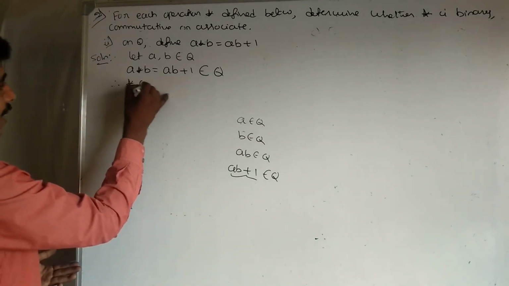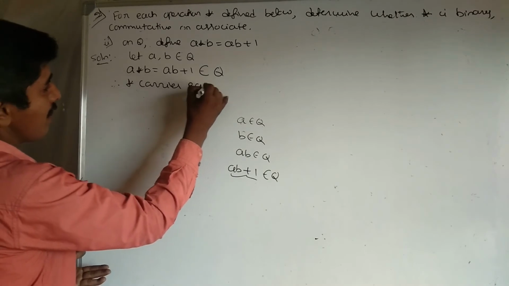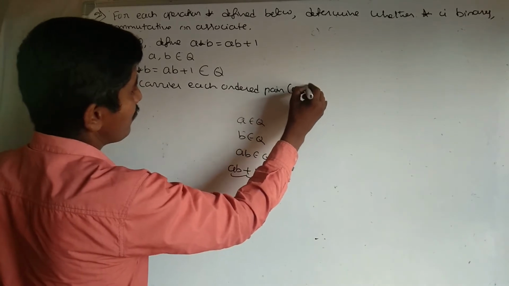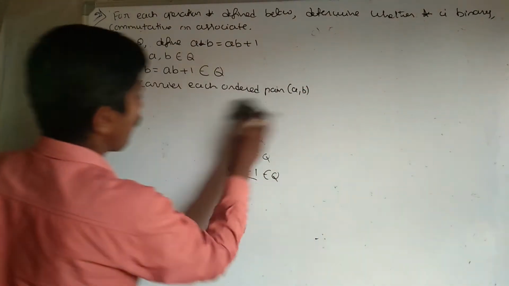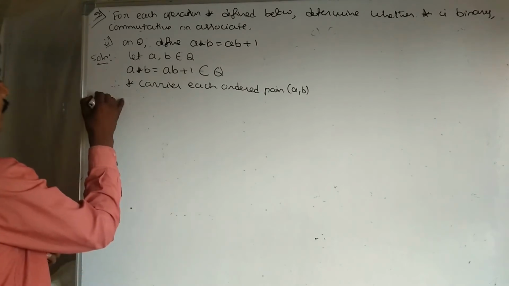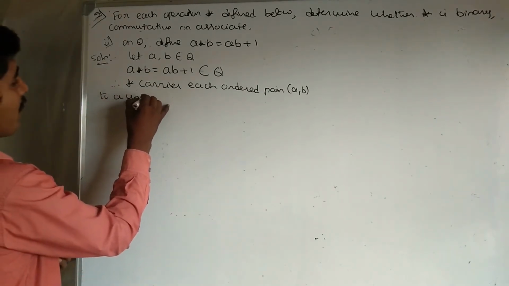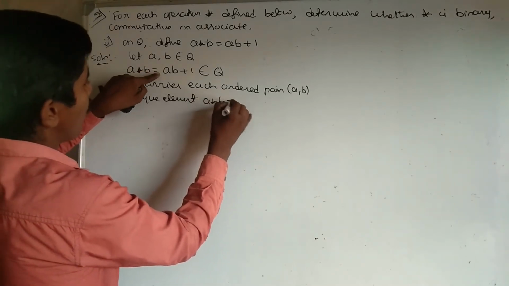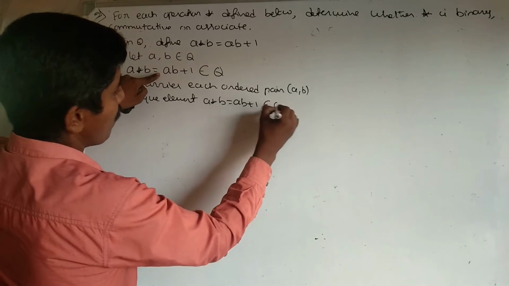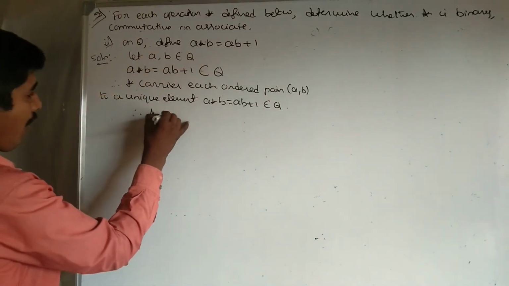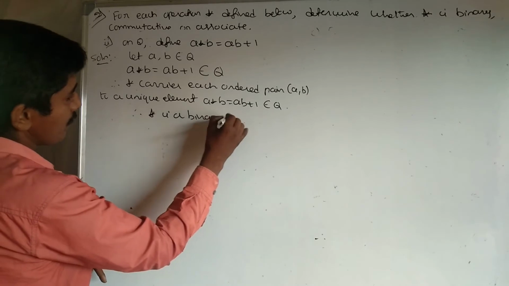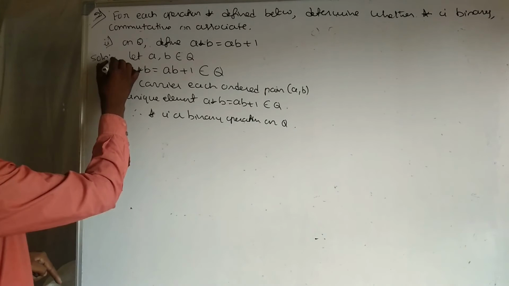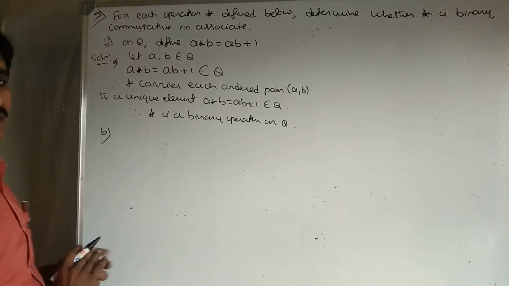Therefore star carries each ordered pair (A, B) to a unique element, A star B equal to AB plus 1, in Q. Therefore star is a binary operation on Q.